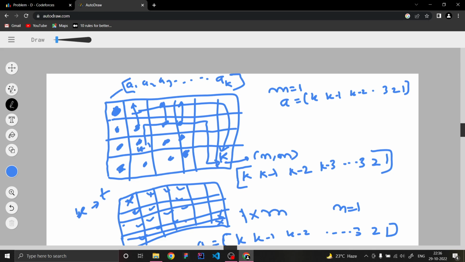But the only condition after placing these cards is we should be able to move this card X from 1, 1 to n, m. This you can observe we can do if we have two empty cells other than 1, 1 and n, m. If we have two empty cells, then we can do this.